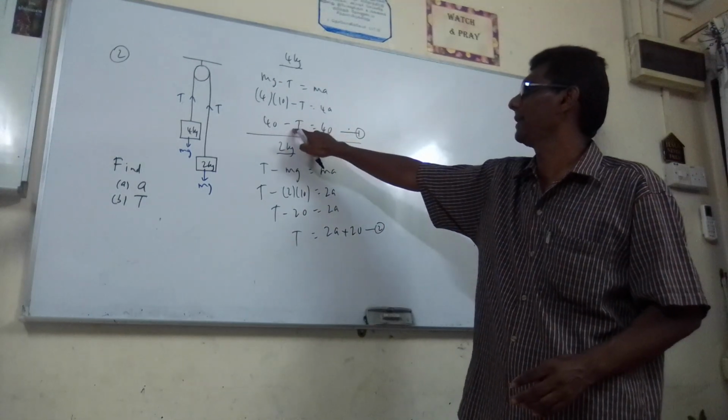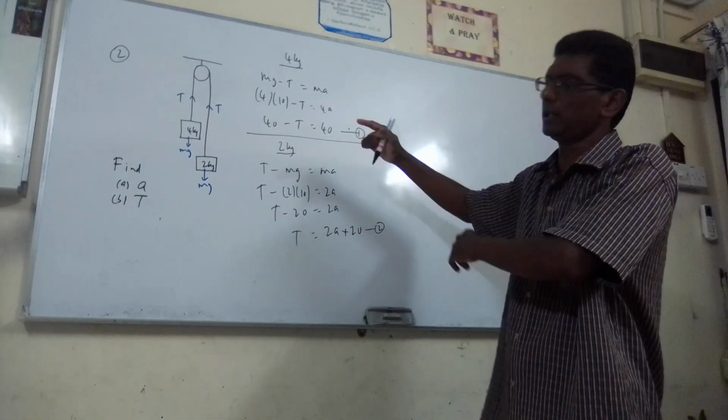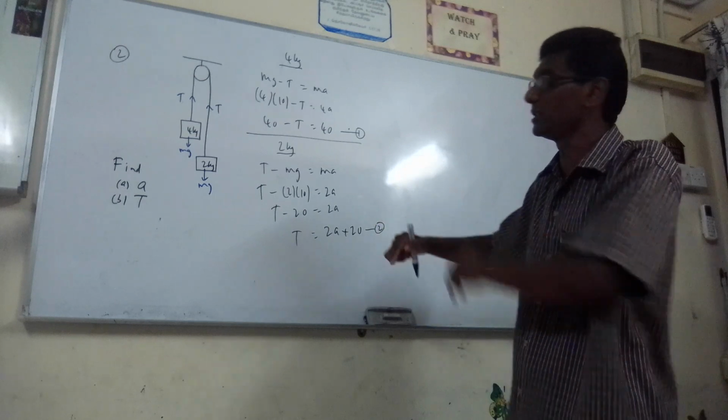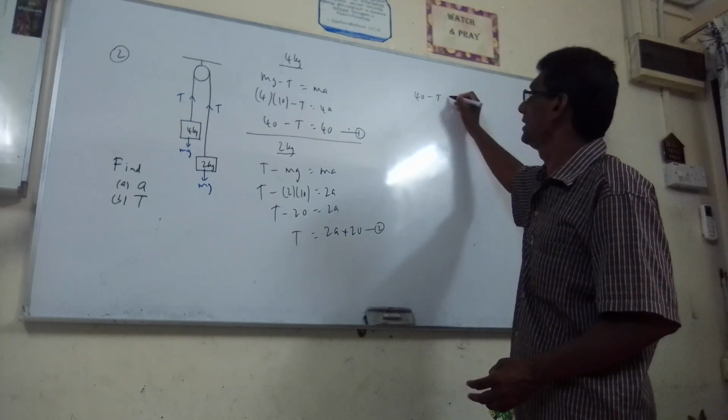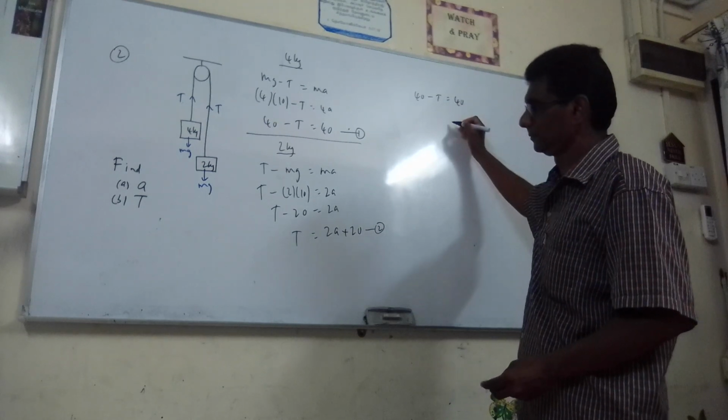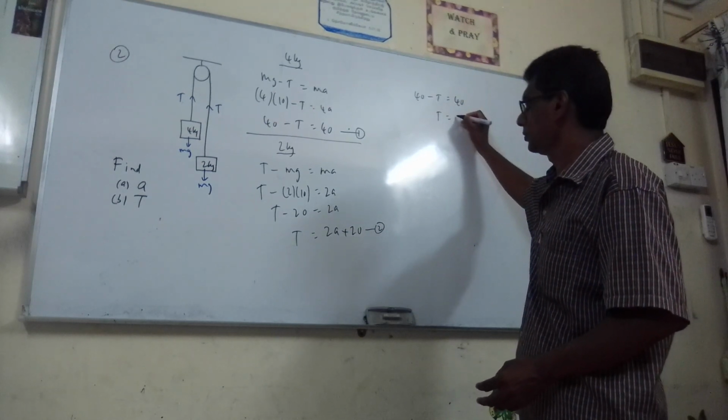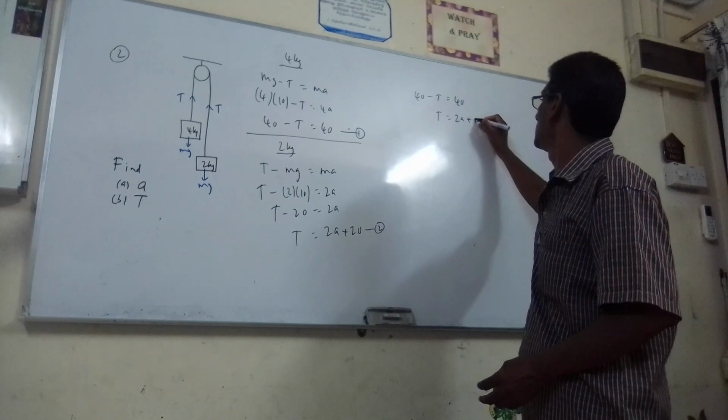So this is a simultaneous equation. 40 minus T equals 4a, and T equals 2a plus 20.